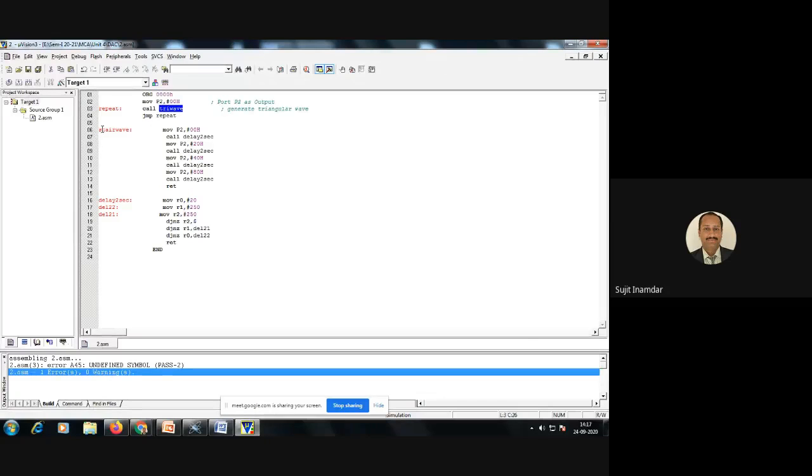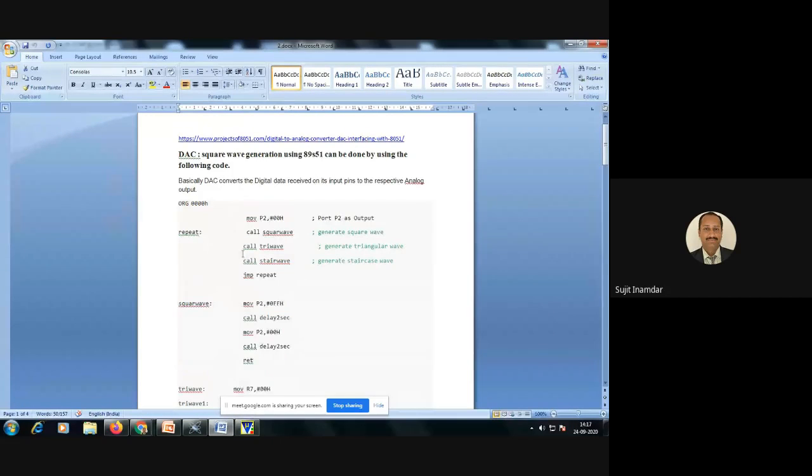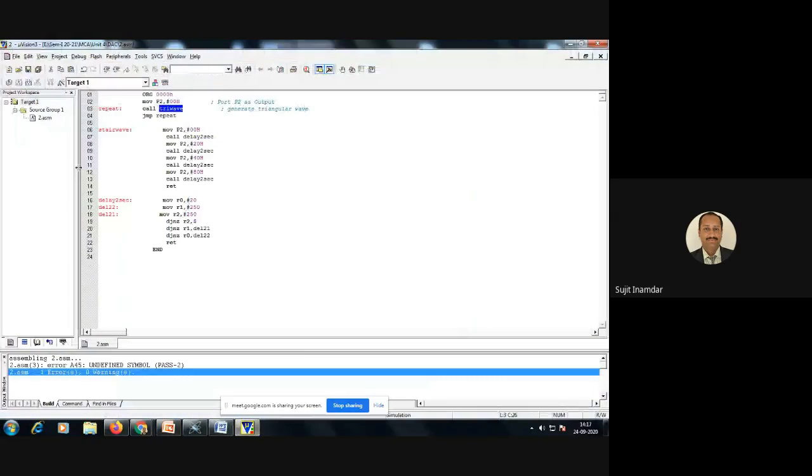That is the thing, because we have written the code for the staircase, so it is supposed to call the subroutine of that one. That is the change: this should be replaced, call triwave instead of call staircase. That is the only thing due to which we got the error.